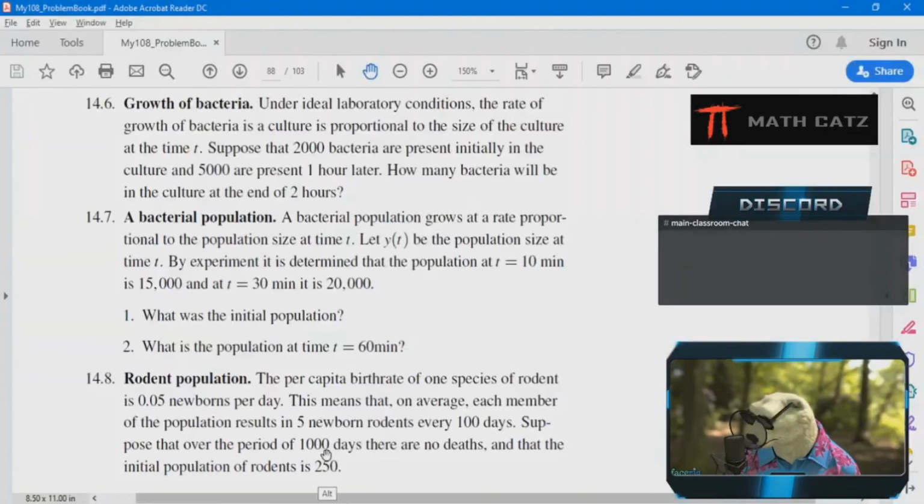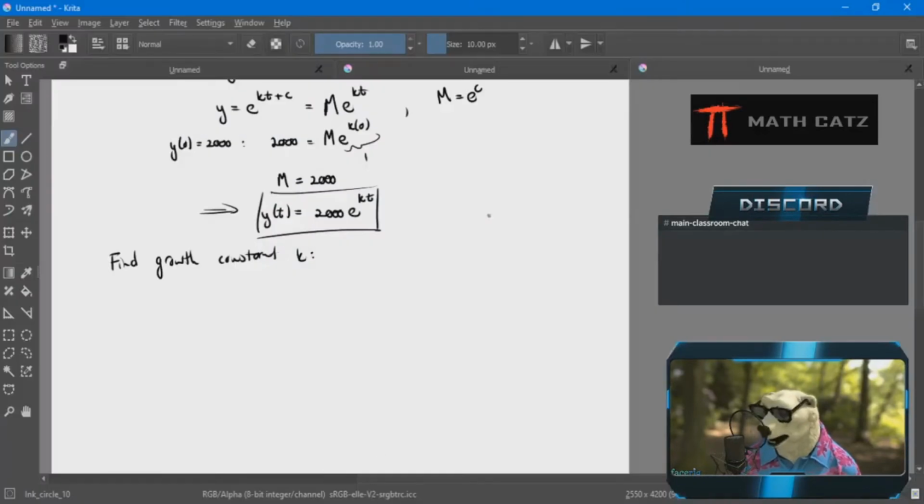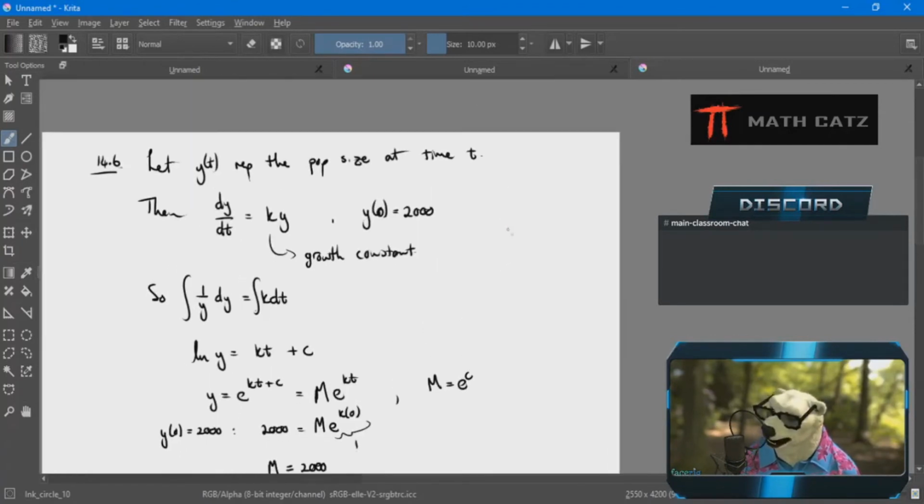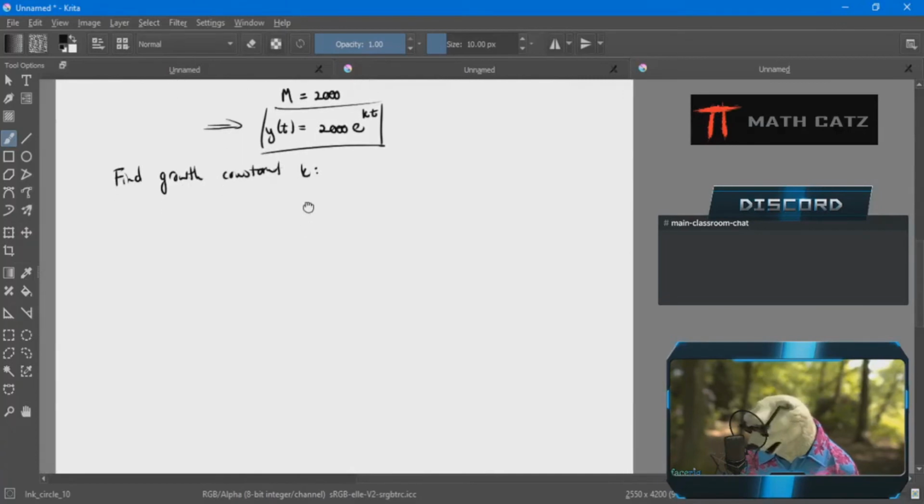And that is why they give me the information that there are 5,000 bacteria present 1 hour later. So just to mix it up, let's go with t in hours this time. And as long as I'm consistent, it really doesn't matter for this question. But working with a 1 is so much nicer.